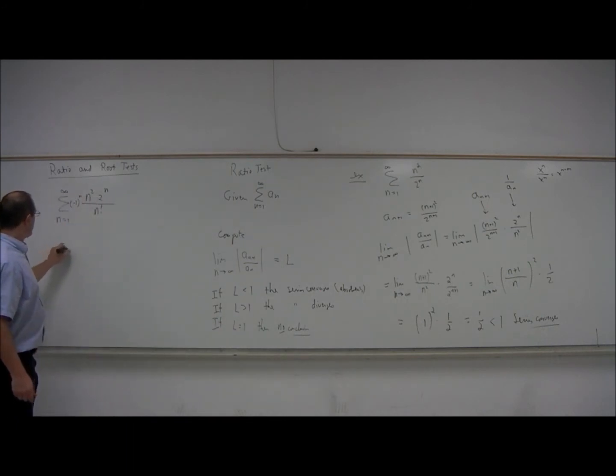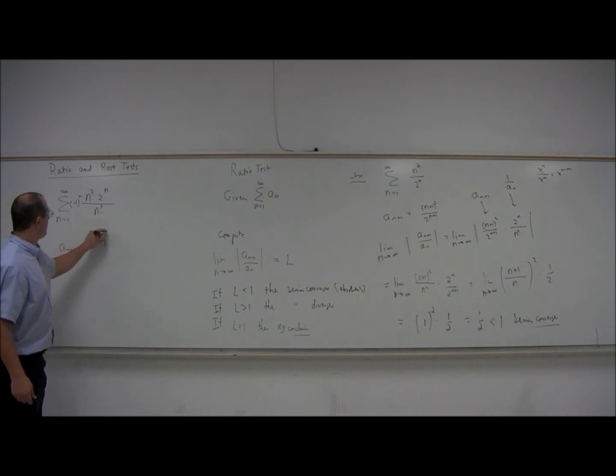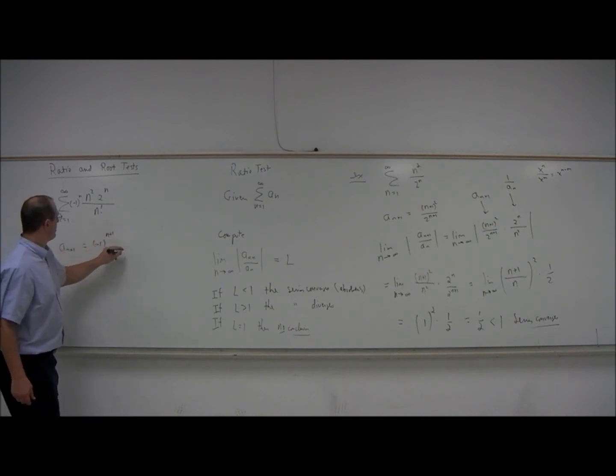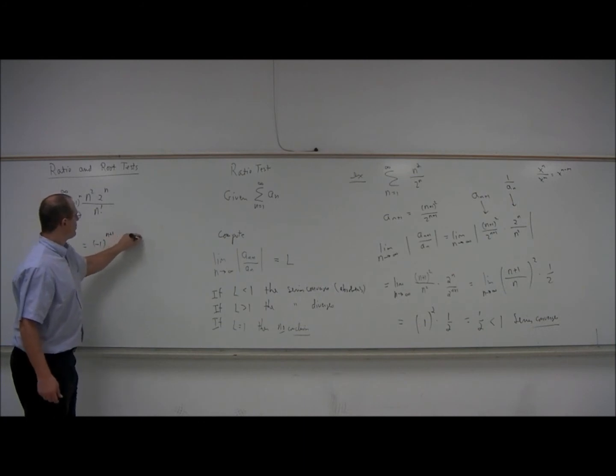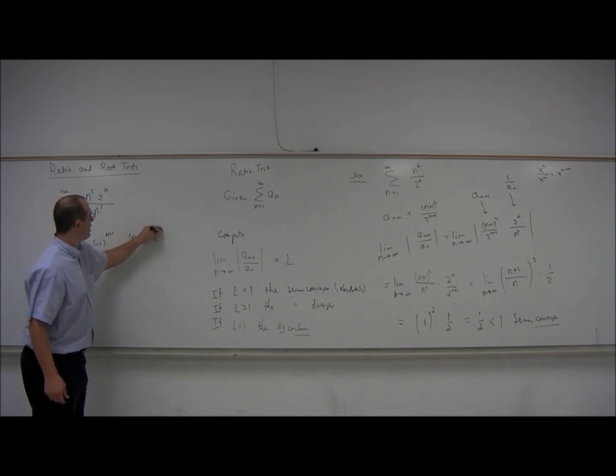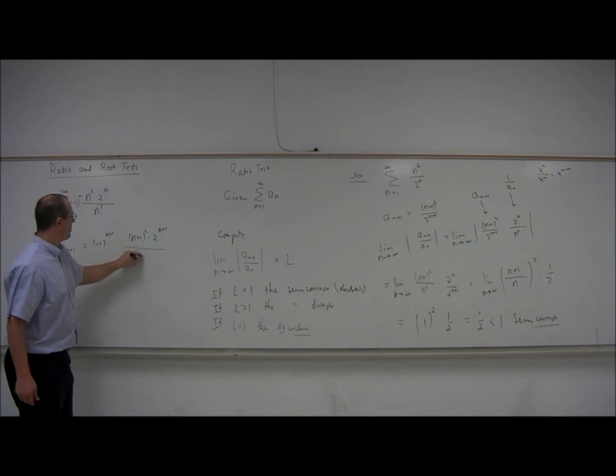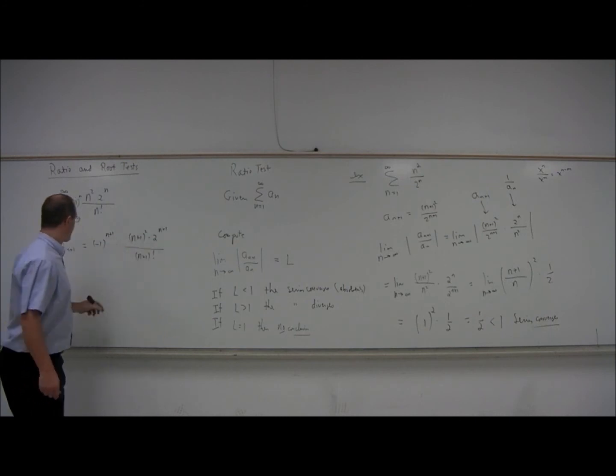So a sub n plus 1 here is negative 1 to the n plus 1 times n plus 1 squared times 2 to the n plus 1 divided by n plus 1 factorial.